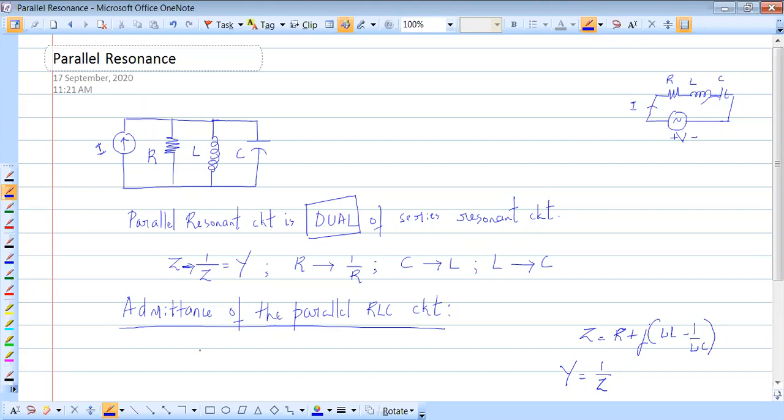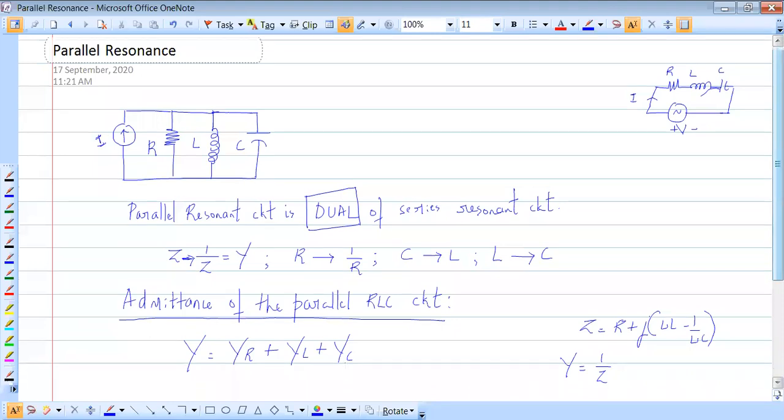So let's write that. Admittance Y is admittance of the resistive branch. Okay. Then admittance, we should not call this as admittance. I'll tell you what: the admittance of the L branch, the branch consisting of inductor, and the branch consisting of capacitor.